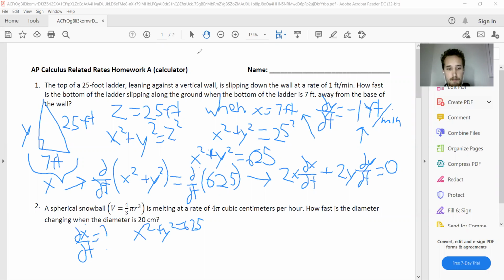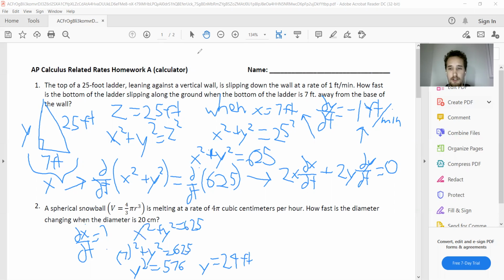And you get 7 squared plus y squared equals 625. And you get y squared equals 576, because you get 625 minus 49. And then y equals 24 feet.